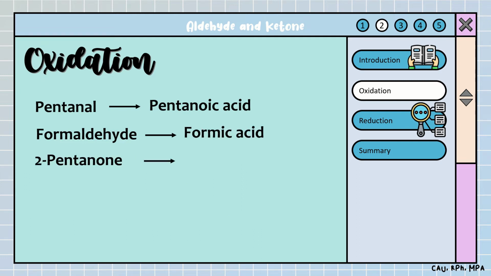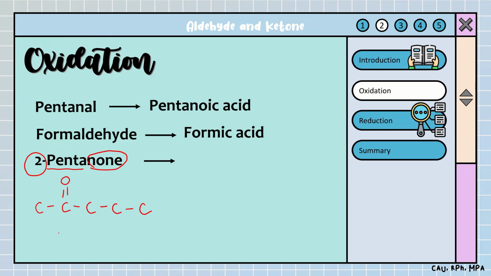Let's have another example. So 2-pentanone. Since this is a penta, therefore it's a 5-hydrocarbon. And then this is a ketone, in which the location of the carbonyl is on carbon number 2.